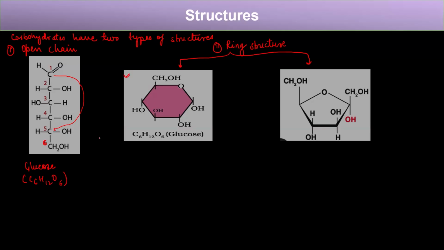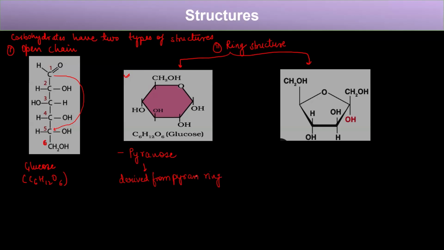Now, in the ring structure, this first type of the structure looks something like this. This ring is known as the pyran ring, and this structure is known as pyranose, derived from the pyran ring.